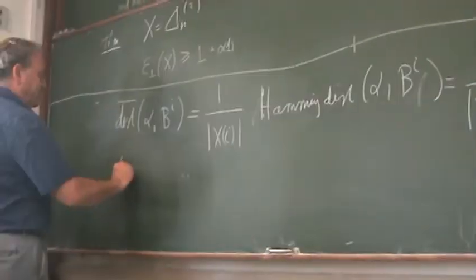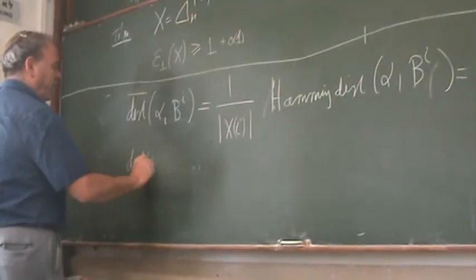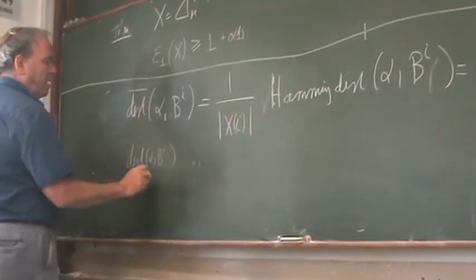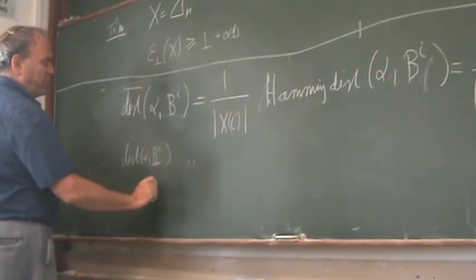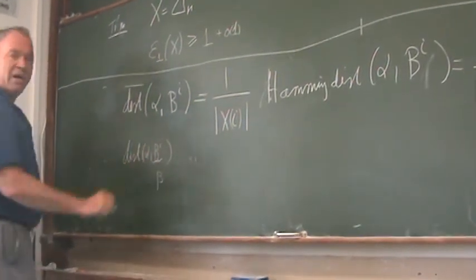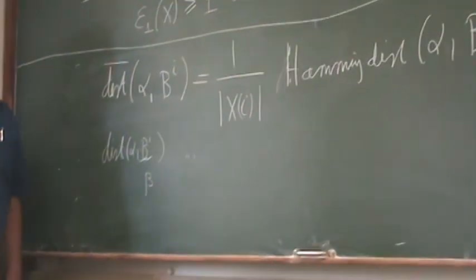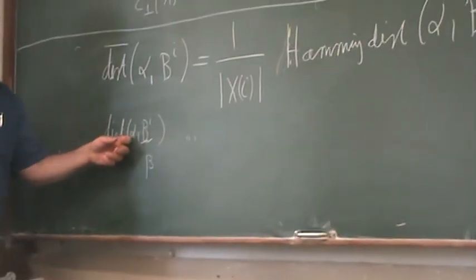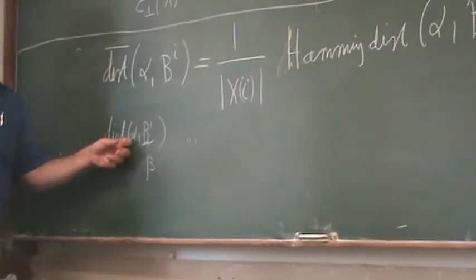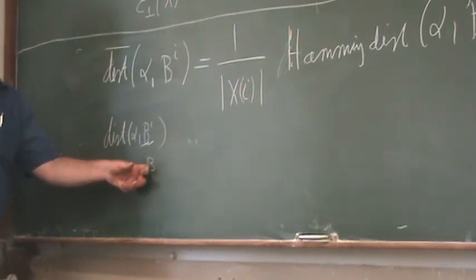What is the distance between alpha and BI? Let's say the vector in BI which is closest to alpha is beta. What does it mean? It means that the Hamming weight of alpha minus beta is the smallest one.